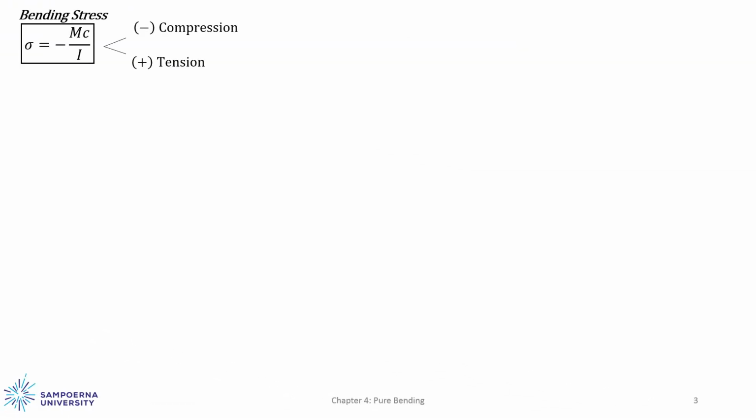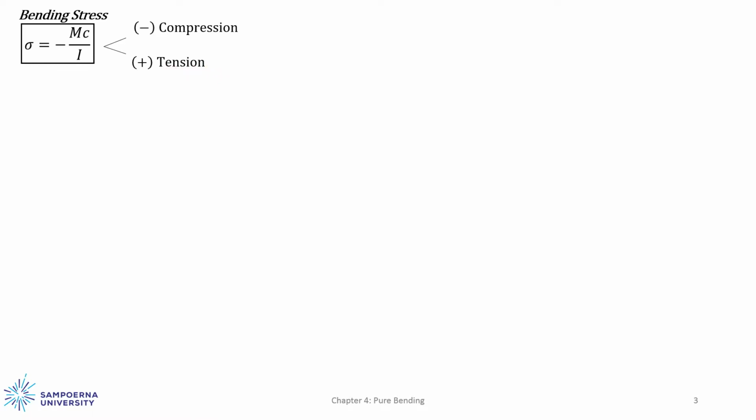To calculate stress because of bending, we need the formula Mc over I, where M is moment, c is distance, and I is moment of inertia. If the stress is negative, it is in compression, while if the stress is positive, it's in tension.